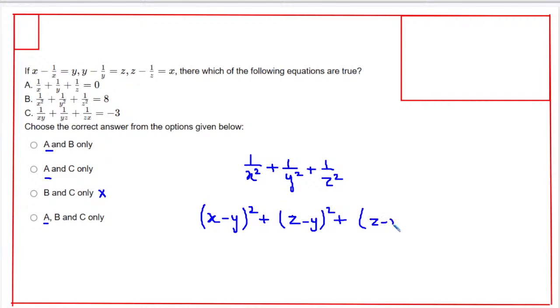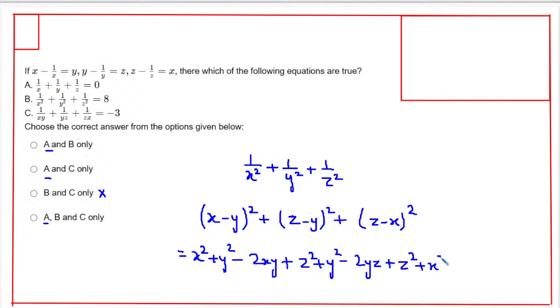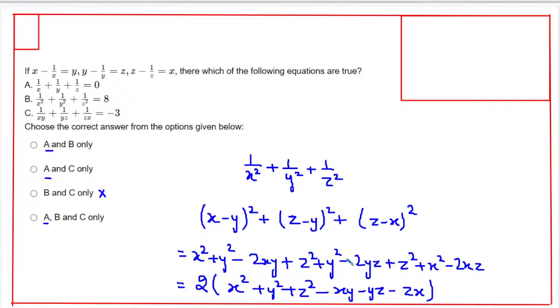It doesn't matter. z minus x. This is x square plus y square minus 2xy, plus z square plus y square minus 2yz. I can say 2 is there. We have x square plus y square plus z square minus xy minus yz minus zx. We arrive at this stage.